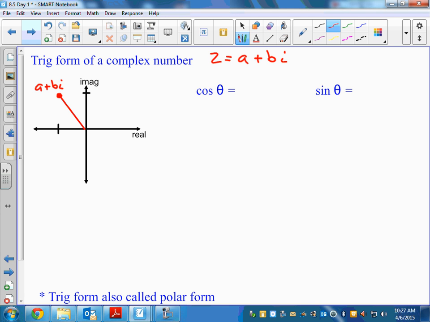What I want to do is be able to represent the angle that goes to that point out there, just like we've always been doing, but now we're talking about a plus bi instead of an xy coordinate. Think about if I measured the angle from standard position up to here, I called that theta.